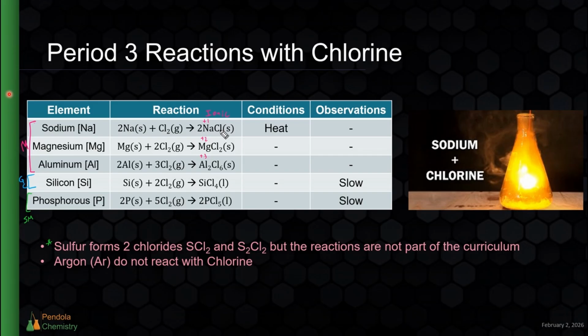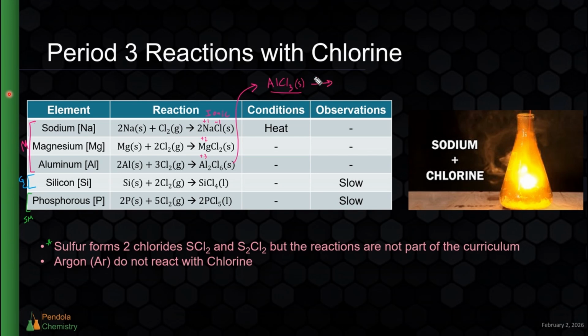Sodium forms a 1-to-1 ratio with chlorine because the chloride ion is -1 in charge. Magnesium forms a 1-to-2 ratio, and then aluminum is the weird one, but we've already discussed this. Aluminum is weird because even though we would expect AlCl3, that is the monomer of aluminum.